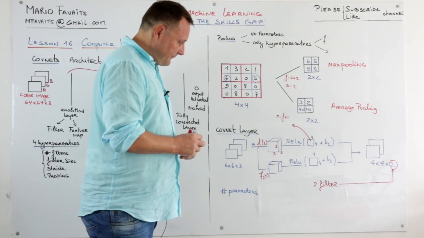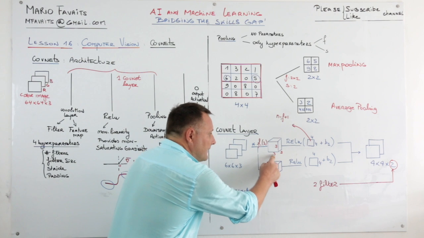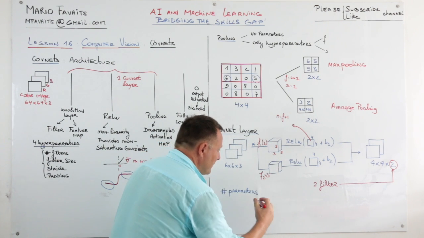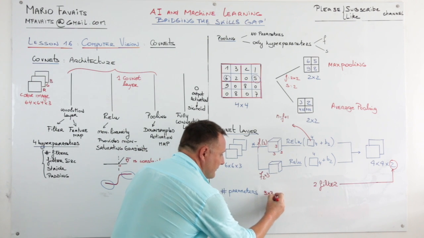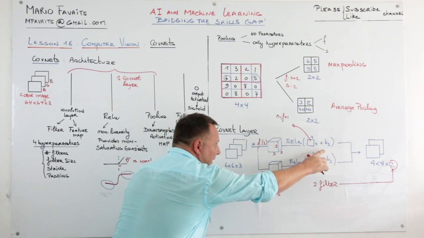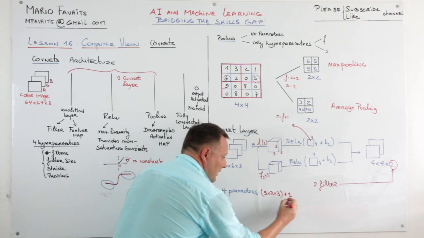So, how many parameters do we have? Well, each filter has 27. So we have 3 times 3 times 3. And then we're going to add a bias. So we do that plus 1.